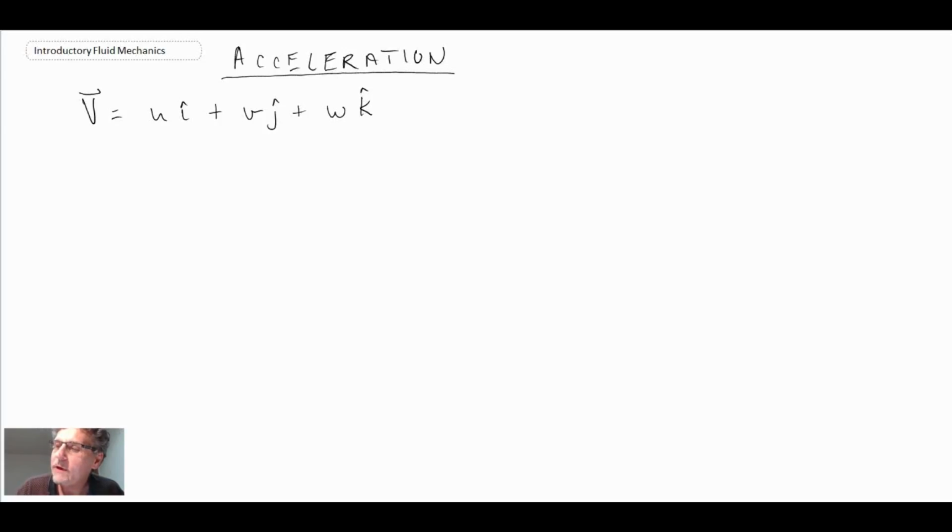Now, when we look at acceleration, it is expressed as being the derivative of the velocity vector. And remember, the velocity vector was a function of four variables, the three spatial and time, with respect to time. When we write this out, we get a formulation like this using the chain rule of calculus.